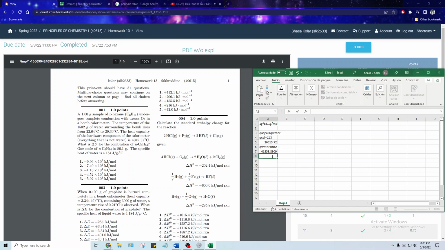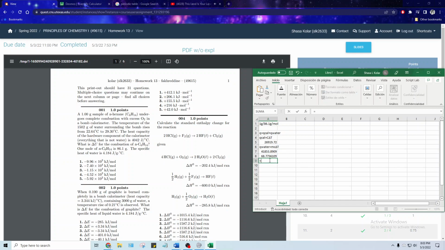So this plus that, and then we're going to divide it by 1,000 to get our kilojoules, because it's nice and easy. It's not too hard. And we get 68.77 kilojoules, but that's per 1 gram.